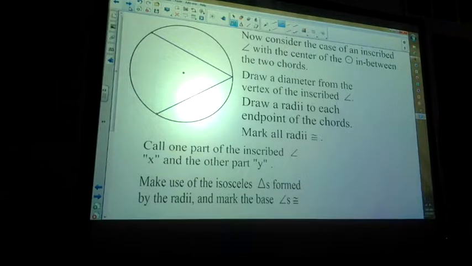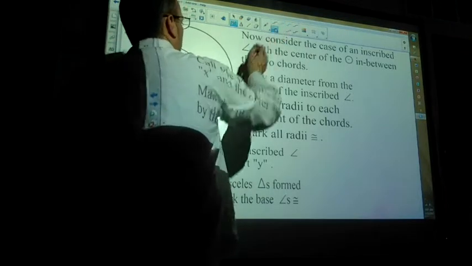All right. Now consider this case of an inscribed angle with the center of the circle in between the two chords. Draw a diameter from the vertex of the inscribed angle. Okay. So like this.